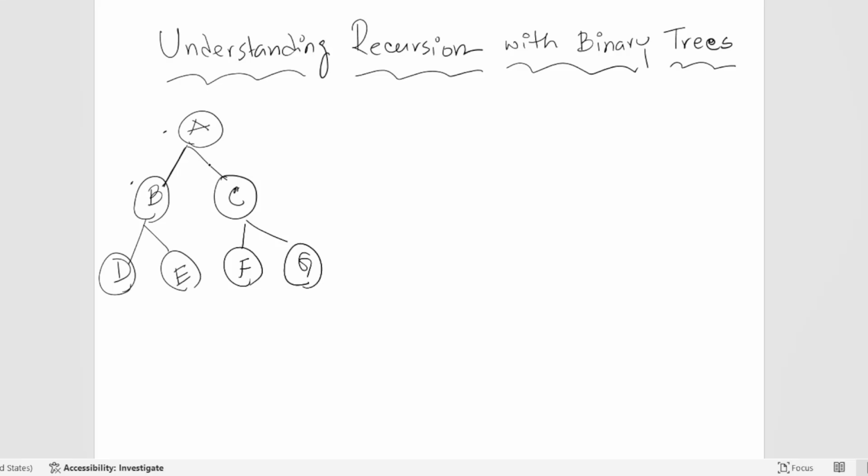Similarly, to move from A to C or C to F or C to G or B to D, we can only use the edges. We cannot move from B to C directly because there is no direct connection between these two nodes. If you have to go from B to C, the only way is to go to A first and then from A to C.